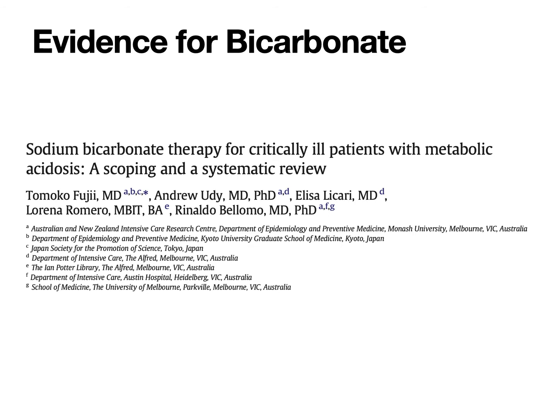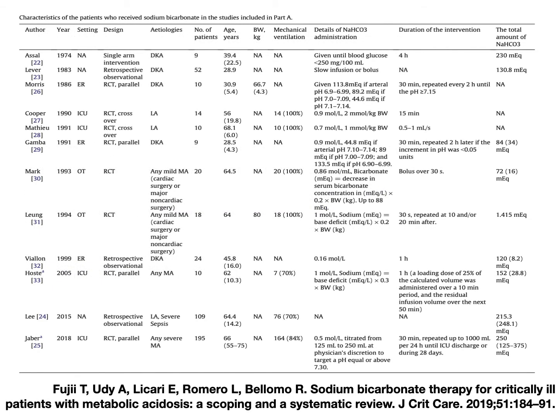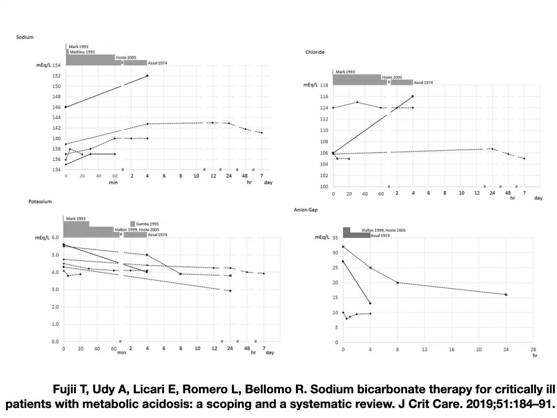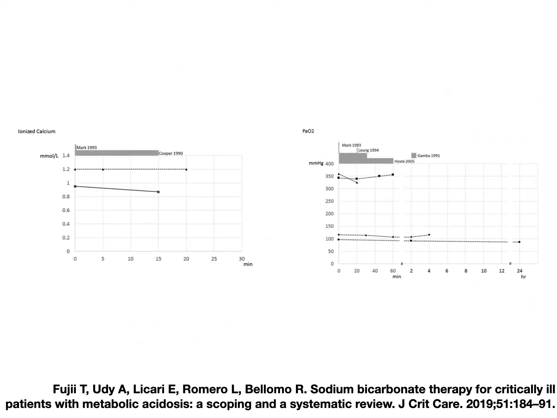That included 12 studies, two of which were RCTs that looked at biochemical and physiological effects of bicarbonate. Here are the 12 studies included. The authors looked at levels of pH, bicarbonate, base excess, carbon dioxide levels, sodium levels, chloride levels, potassium, the anion gap, ionized calcium, and the oxygen levels.